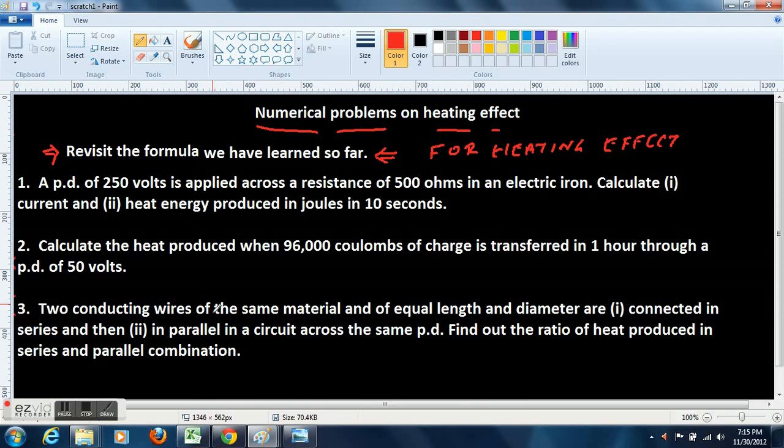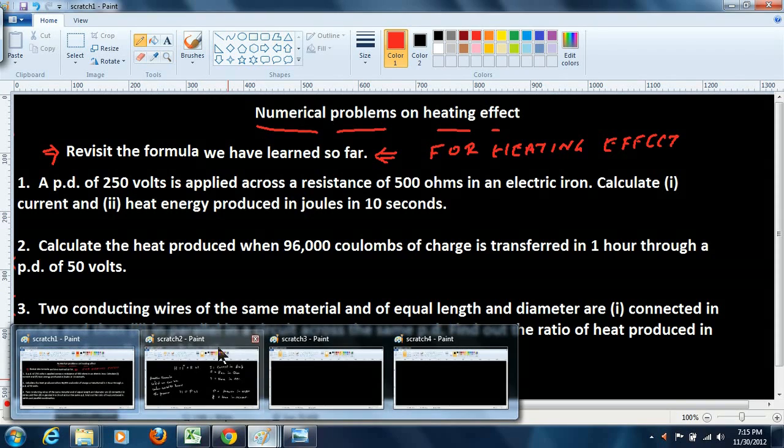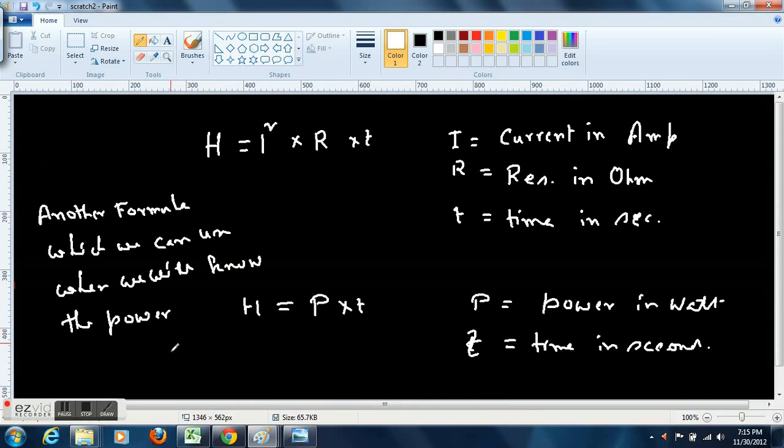Now let me read out the numerical problems. These are the things I will do. First, I will read out the numerical problems. Second, I will solve the first problem just to show you how to use the formulas, and then I will expect you to solve the remaining problems on your own.